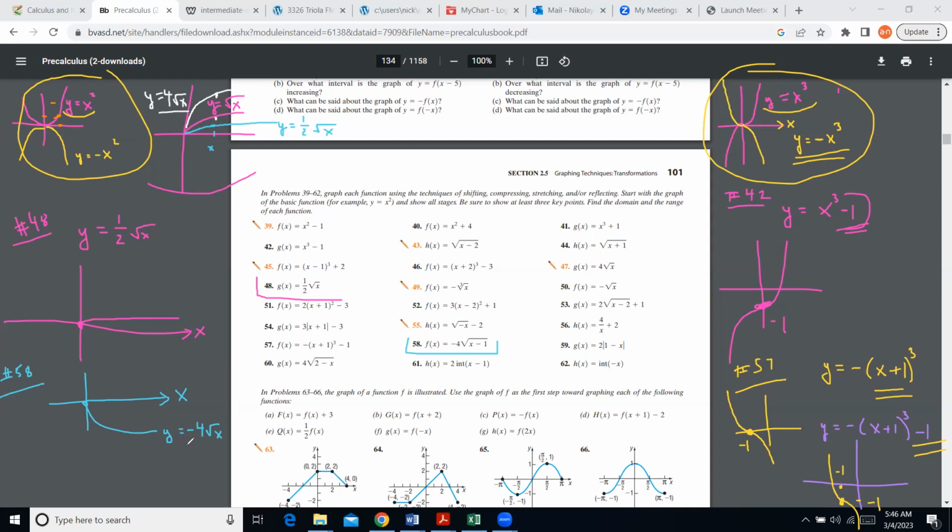But if you had a -4 in front, then the graph is actually going to be reflected through the x-axis, just like with a negative in front of x squared, the parabola was opening down because of the minus, or with a negative in front of x cubed, that cubic parabola was also reflected through the x-axis.